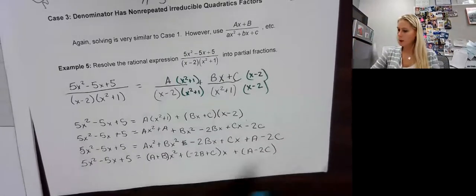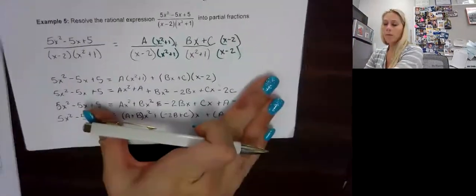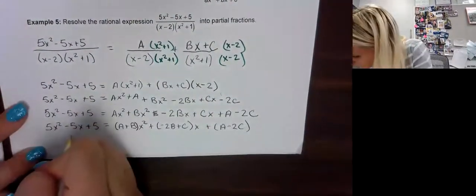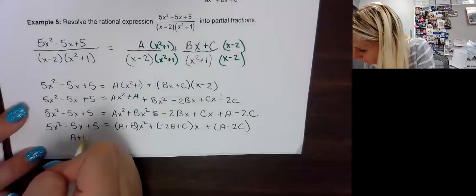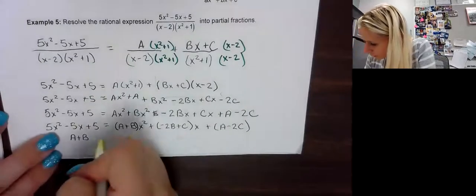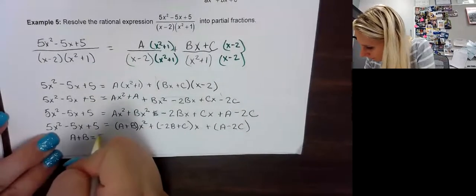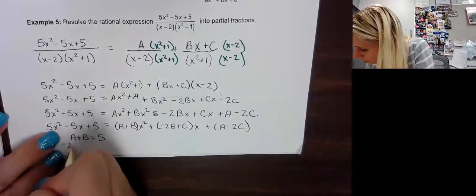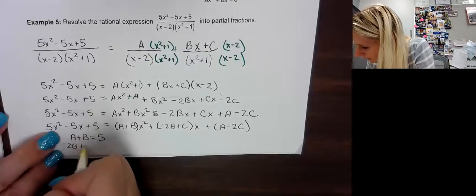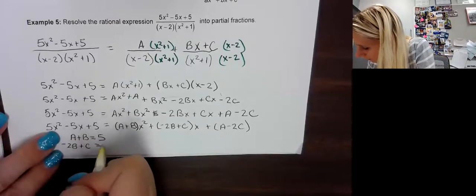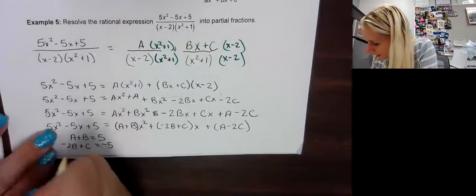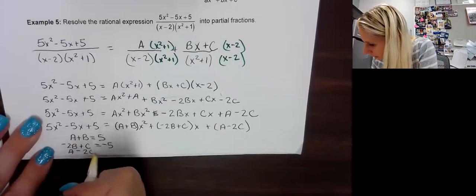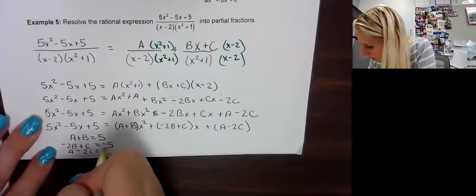Now I have our three parts. I'm running out of room. All right, so right here we have a plus b. That's our x squared, so there's 5 of them. We have our negative 2b plus c equals negative 5. And then we have our a minus 2c equals 5.